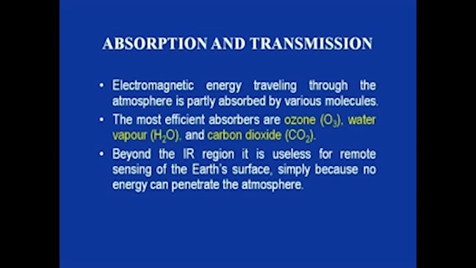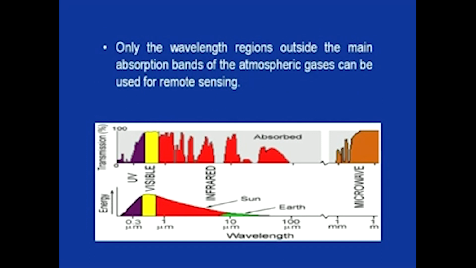Beyond the infrared region, it is useless for remote sensing of the earth's surface simply because no energy can penetrate the atmosphere. Only the wavelength regions outside the main absorption bands of the atmospheric gases can be used for remote sensing.